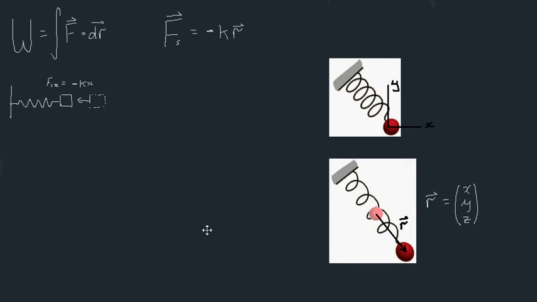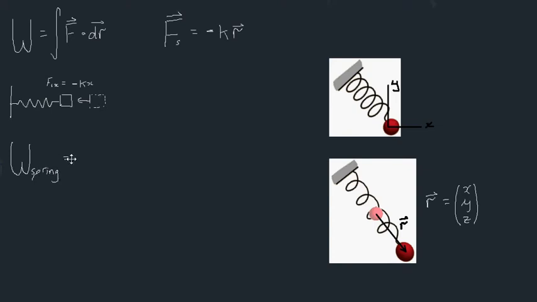We can use everything we know here to try and work out what is the work done by the spring force alone. So in other words, there may be other forces acting on this ball, but we're only interested in the work done by the spring. And then we write down that work as the work done by our spring as W subscript spring.